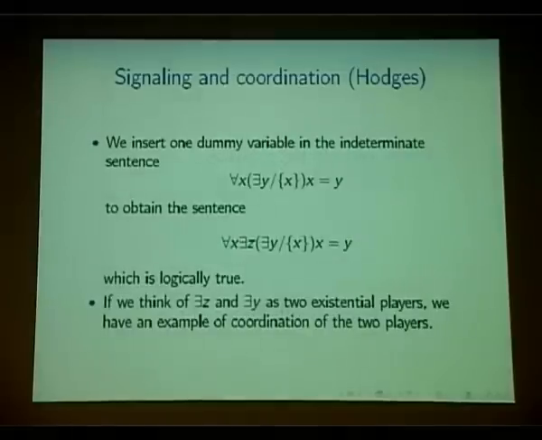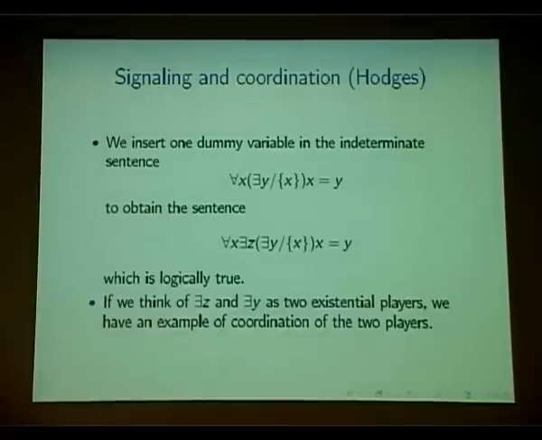Signaling, or coordination, is something which has been noticed by Wilfrid Hodges. He noted that if we take the first sentence, the matching pennies sentence, which as I said is logically indeterminate, then just by inserting a dummy universal quantifier z between x and y, which doesn't play any role further on, one is able to change the truth value of a sentence, turning an indeterminate sentence into a logical truth.